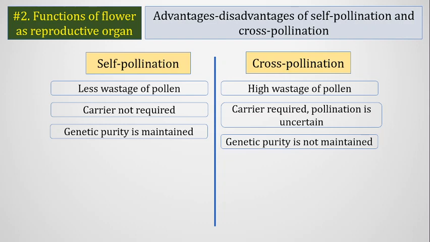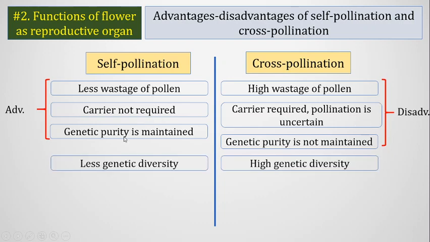But in cross-pollination, characteristics from two different plants come into the offspring, so its genetic purity is not maintained. It obtains some characteristics from the male gamete and different characteristics from the female gamete. So these are the advantages and disadvantages of self-pollination and cross-pollination.